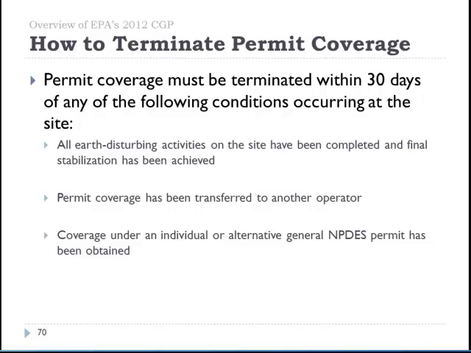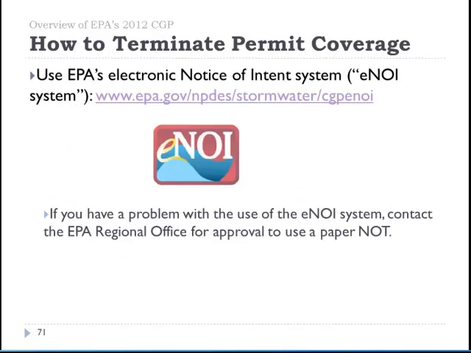In the case of a transfer, the requirement would be for the existing operator to submit the NOT, and for the new operator to submit an NOI for coverage 14 days prior to the transfer.